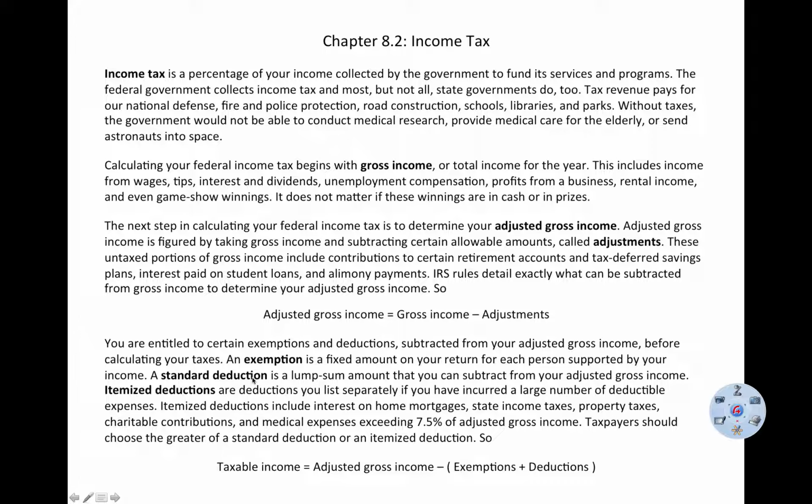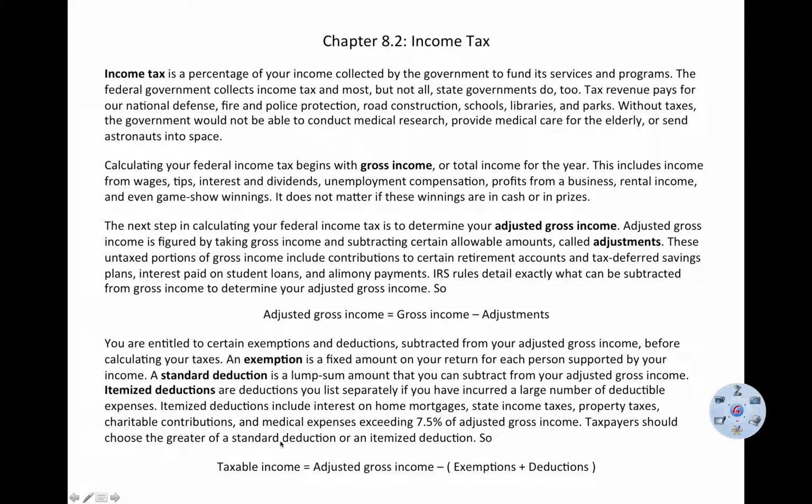You have to have quite a bit of itemized deductions before that's a better deal for you than the standard deduction. Itemized deductions are deductions you list separately if you have incurred a large number of deductible expenses.